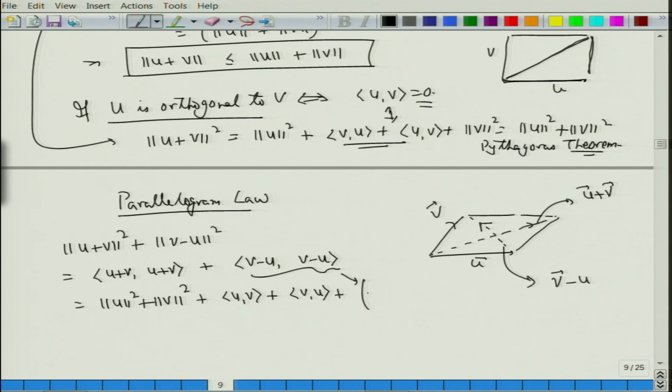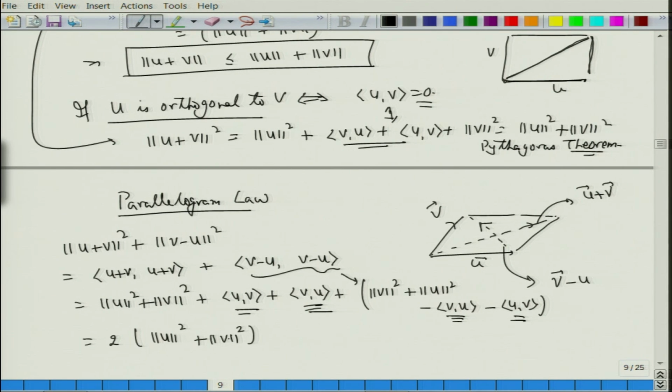This gives us the norm of v squared plus the norm of u squared, and now with the minus sign, minus ⟨v,u⟩ minus ⟨u,v⟩. Alright, this is what I get. So ⟨u,v⟩ with ⟨u,v⟩ cancels out, ⟨v,u⟩ with ⟨v,u⟩ cancels out. Therefore what I get is 2 times (length of u squared plus length of v squared).